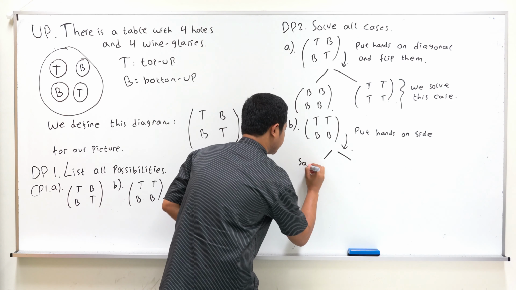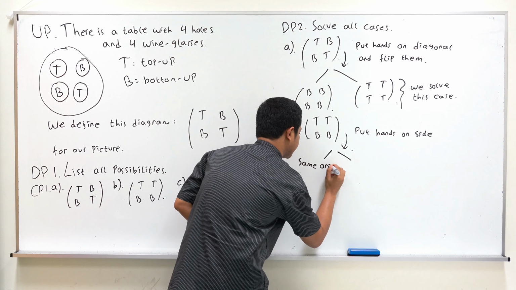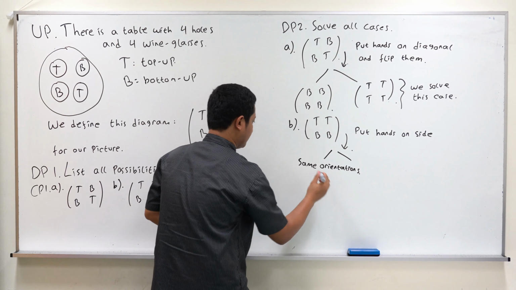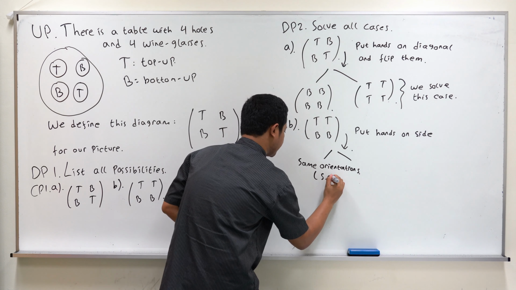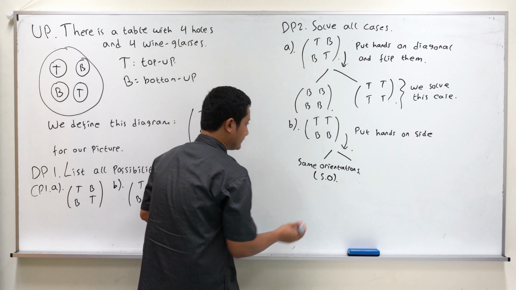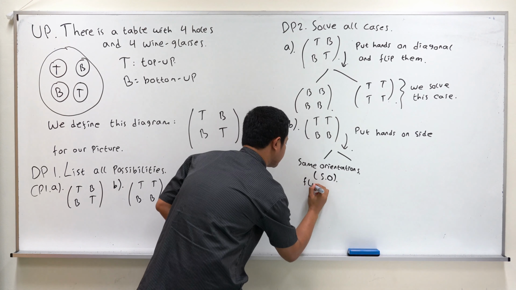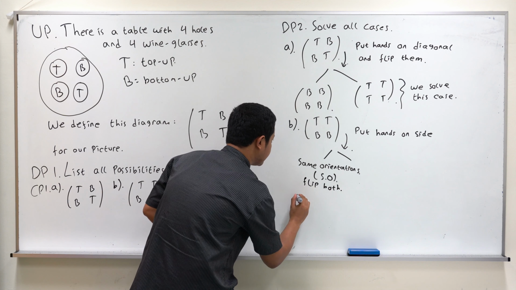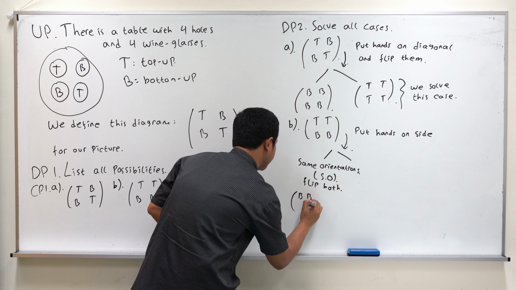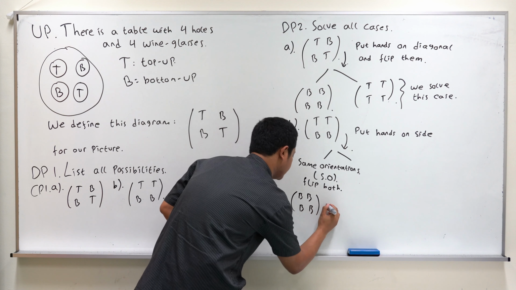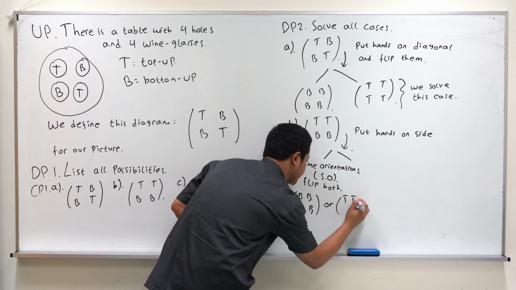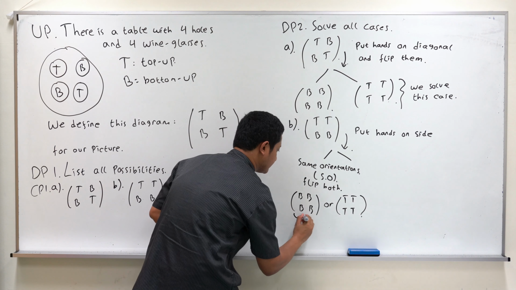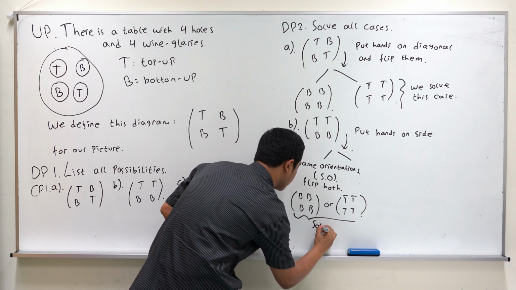If we have both of the same orientation, or next time I will use SO, flip both. So we get either BB, BB, or TT, TT.